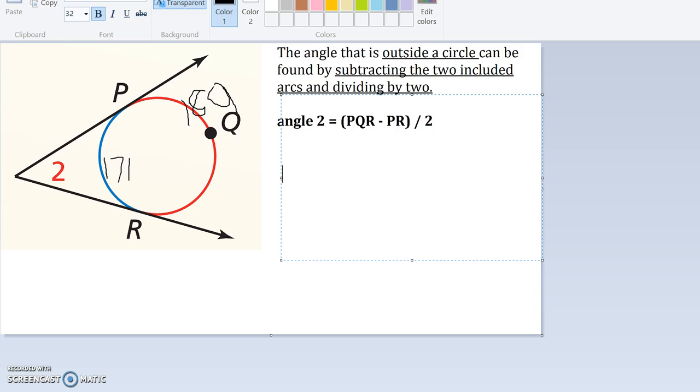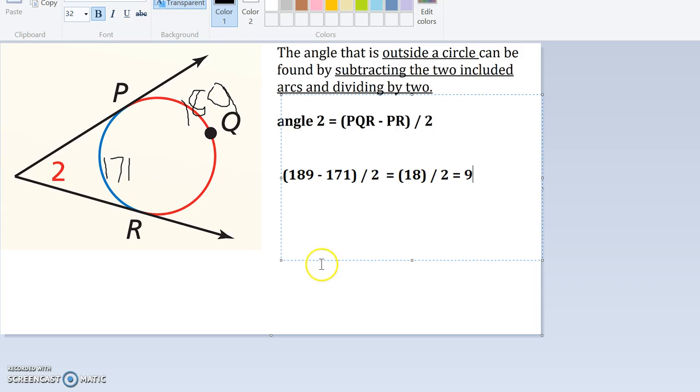So we can do that as such: 189 minus 171, all divided by 2 equals 18 divided by 2 equals 9.